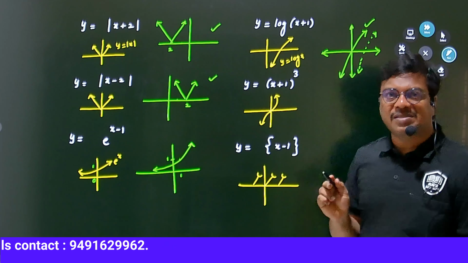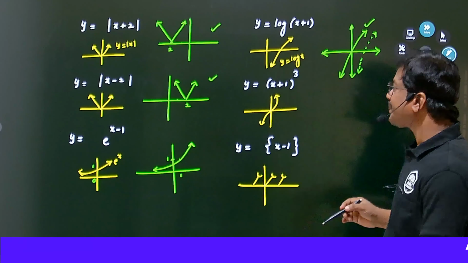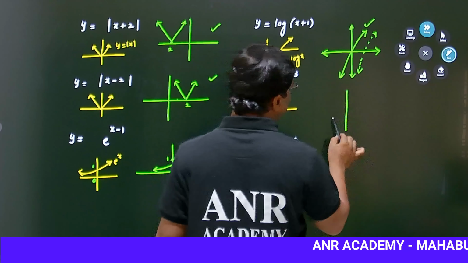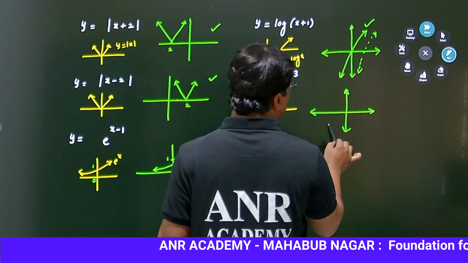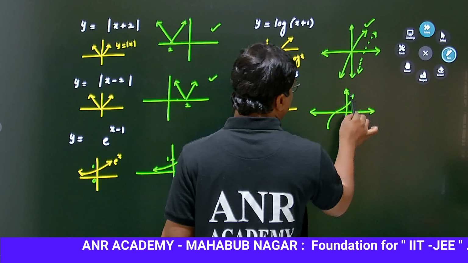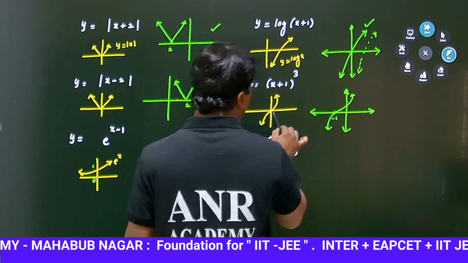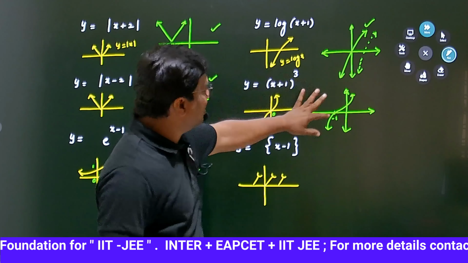When you have plus 1, shift the graph 1 unit towards left. Next, x plus 1 whole cube. You have plus 1, right? So that 1 unit left you have to move, so that the graph exists in this way. Here it is minus 1, where actually it was 0. The same graph shifted to minus 1.